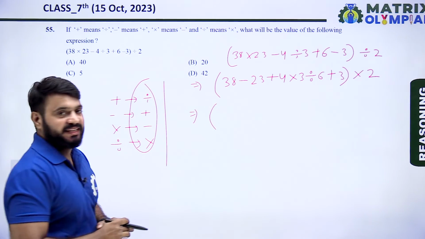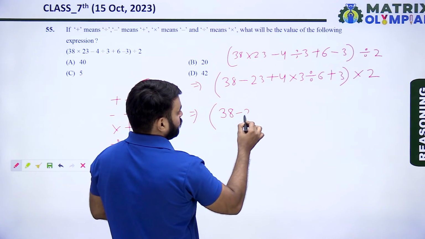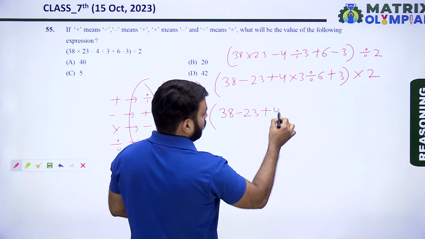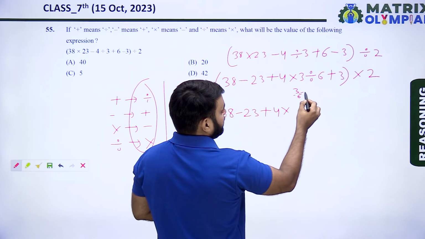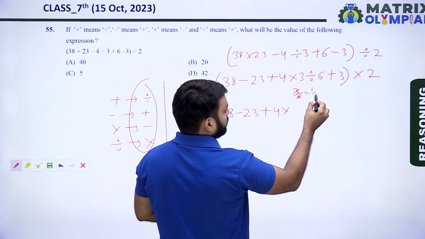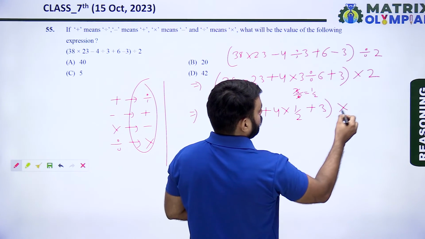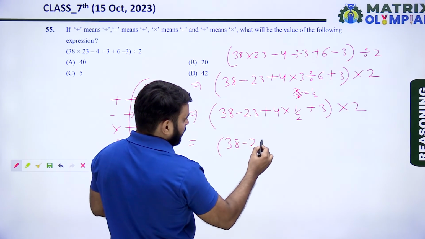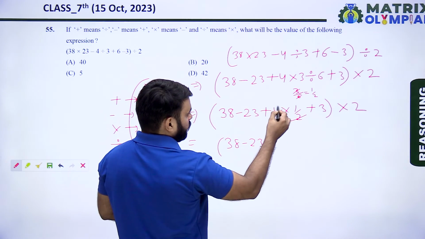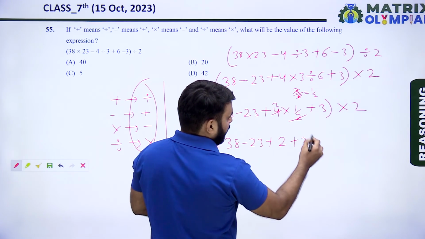So using the BODMAS rule in this expression, 38 minus 23 plus 4 into 3 divided by 6, it means 1 by 2. So 1 by 2 plus 3 into 2. So 38 minus 23 plus 2, 2 is 4. So 2 plus 3 into 2.